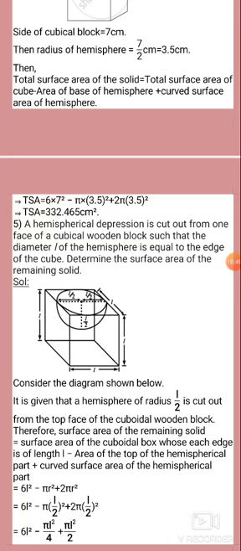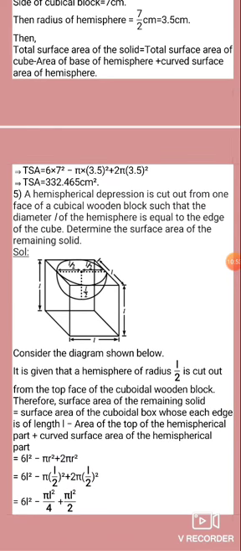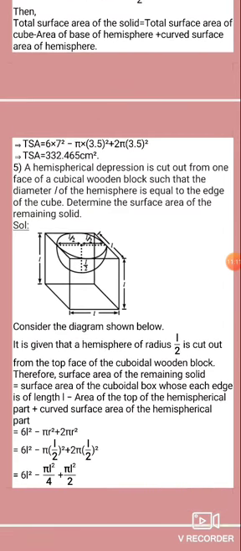Therefore, surface area of the remaining solid is equal to surface area of the cuboidal box whose each edge is of length l, minus area of the top of the hemispherical part, plus curved surface area of the hemispherical part.